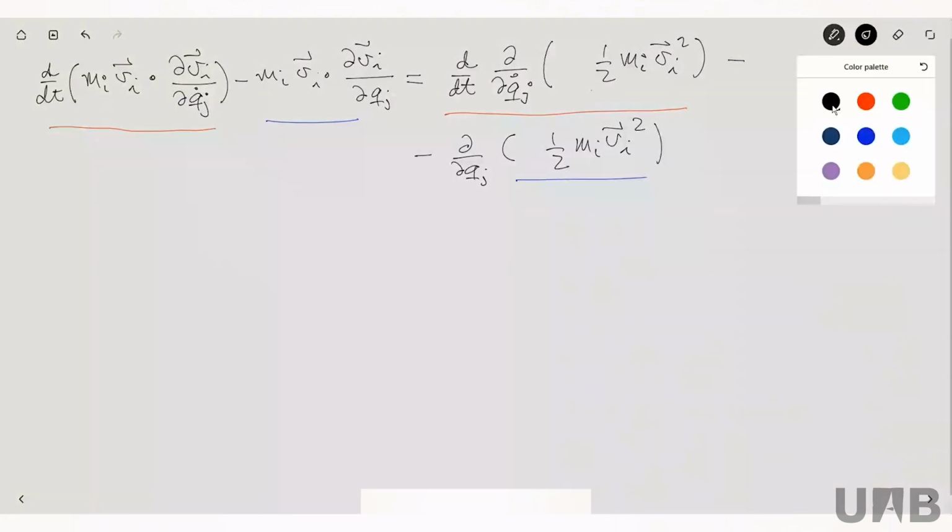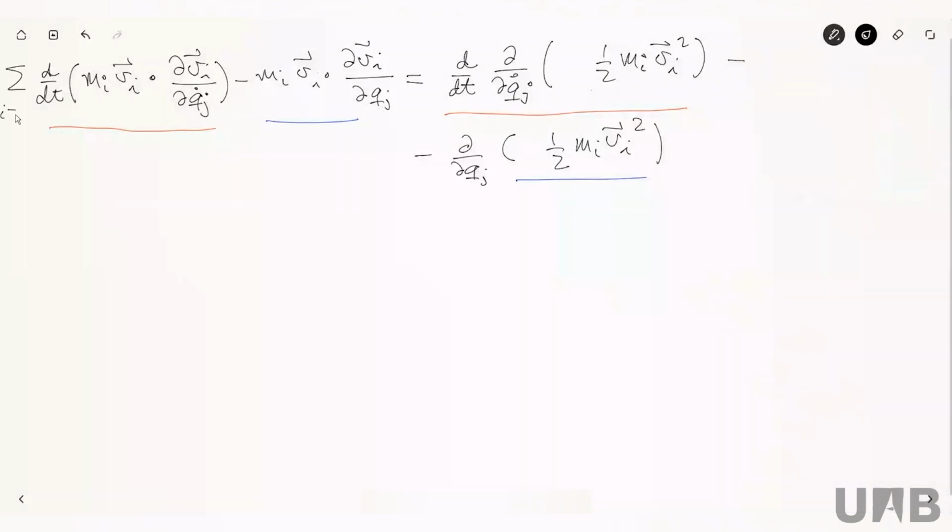Now, since this is true for each i, now I can sum from i equals 1 up to n. Sorry, this is the other n, capital N, and this is also capital N, because I'm summing over all the masses, that means I'm summing over all the particles, for instance.